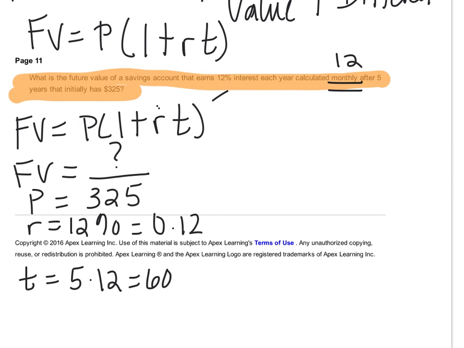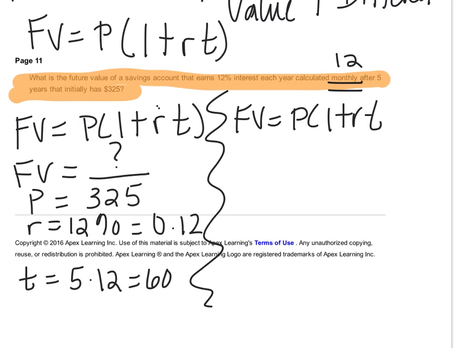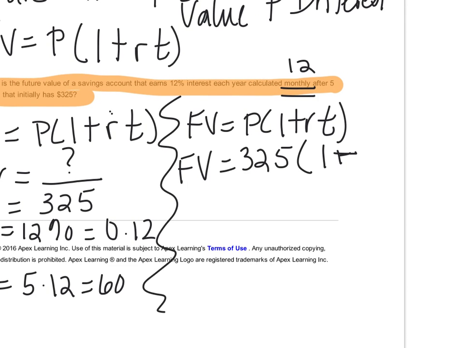So we have all of that set up, and now we can plug it in. I'll write my equation again, because I like to write the equation right above what you plug in, so you can see where things fall. So the future value is going to be the 325, that's my principal, times 1 plus my rate, which is 0.12 divided by 12, times 60.